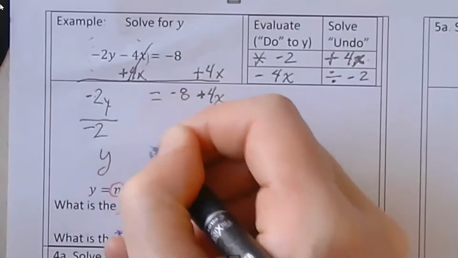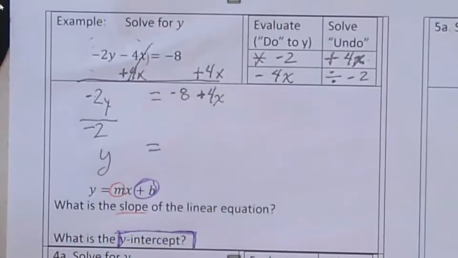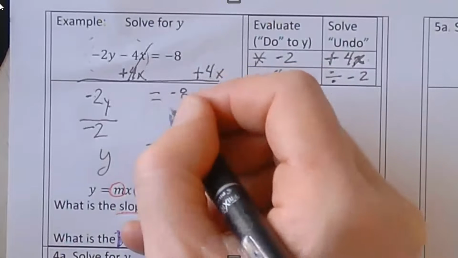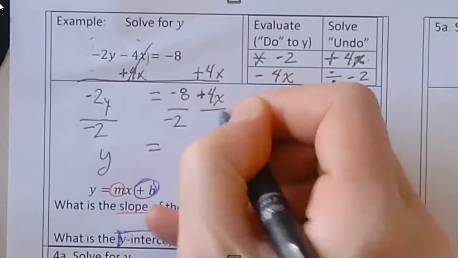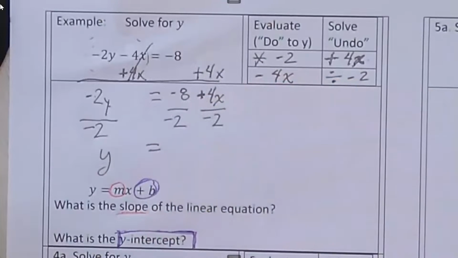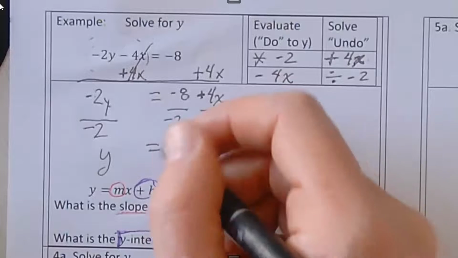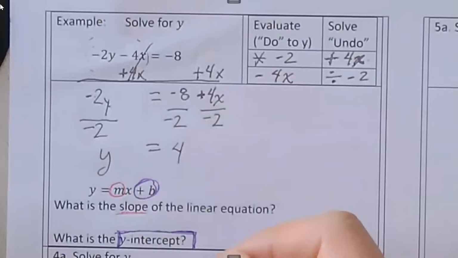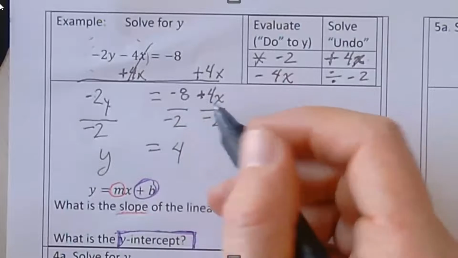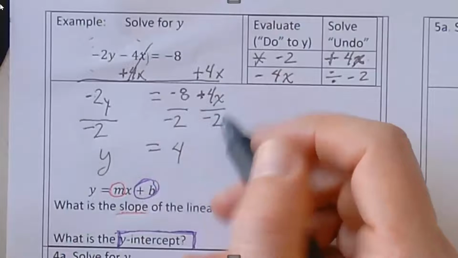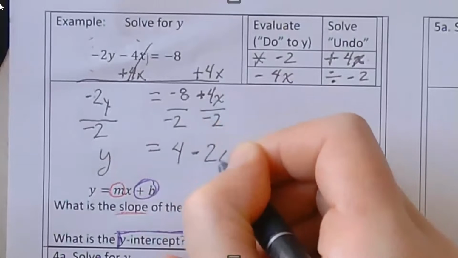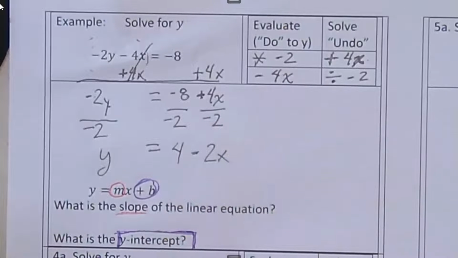I get y equals. So divide the other side by -2 like that. And we get -8 divided by -2 is +4. We get +4x divided by -2 is -2x, like that.